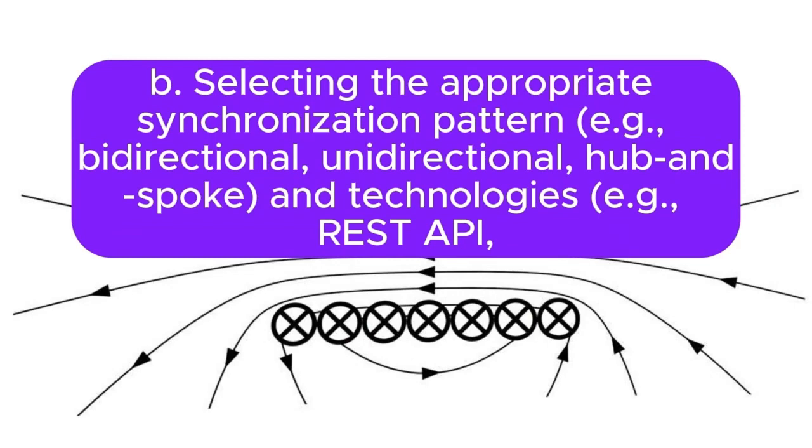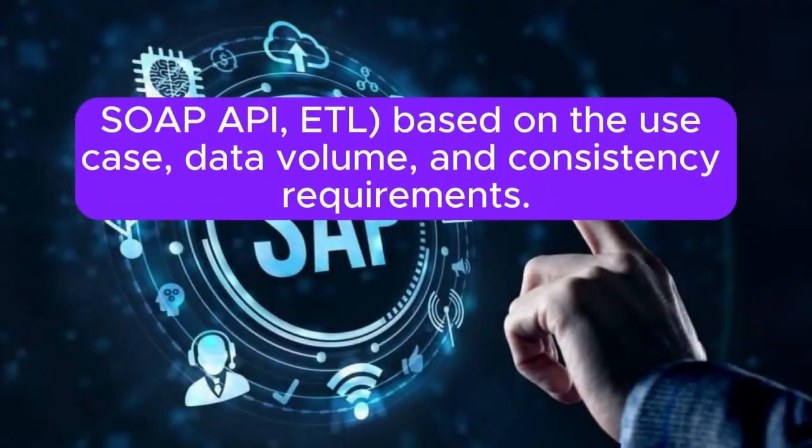B. Selecting the appropriate synchronization pattern, for example, bidirectional, unidirectional, hub and spoke, and technologies, for example, REST API, SOAP API, ETL based on the use case, data volume, and consistency requirements.